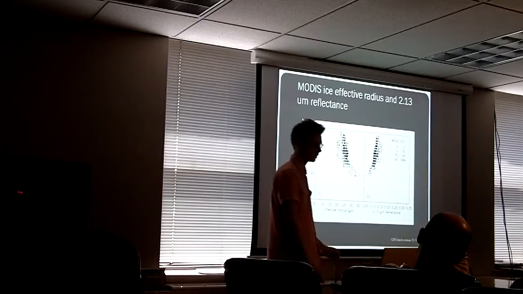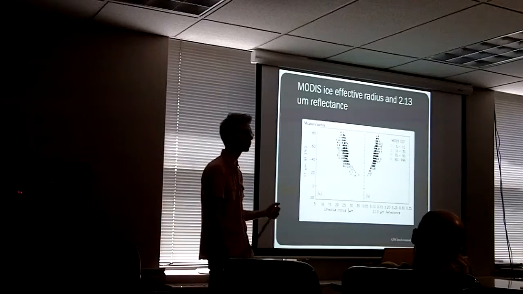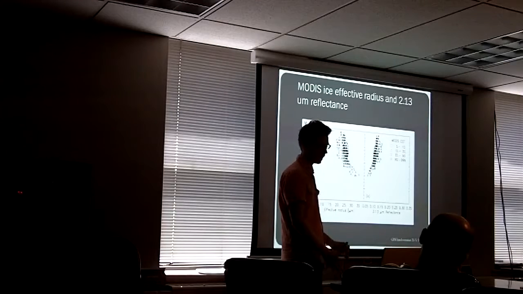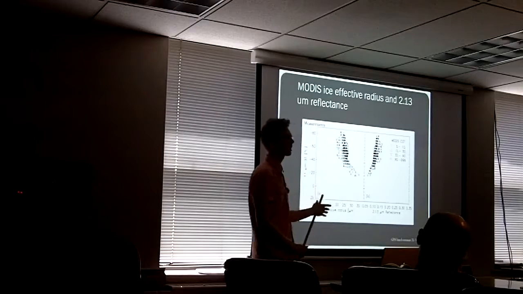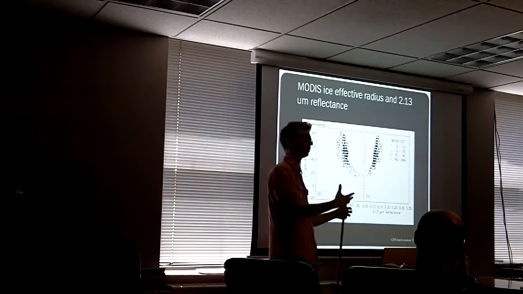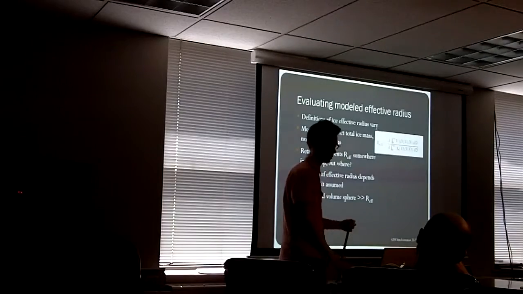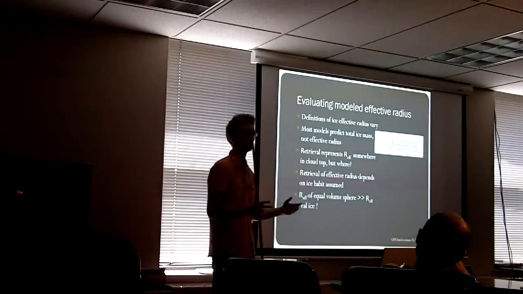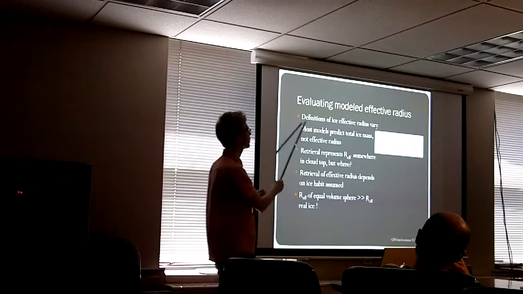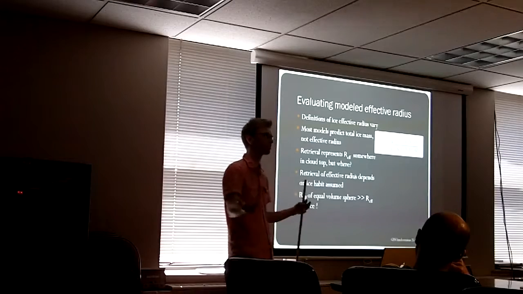Now look at the sizes. So again, these are the MODIS retrievals, and this is effective radius. It's actually not as easy to use effective radius to evaluate your model ice sizes. There are a bunch of reasons, but first of all, the definitions of effective radius vary, so people use different definitions.